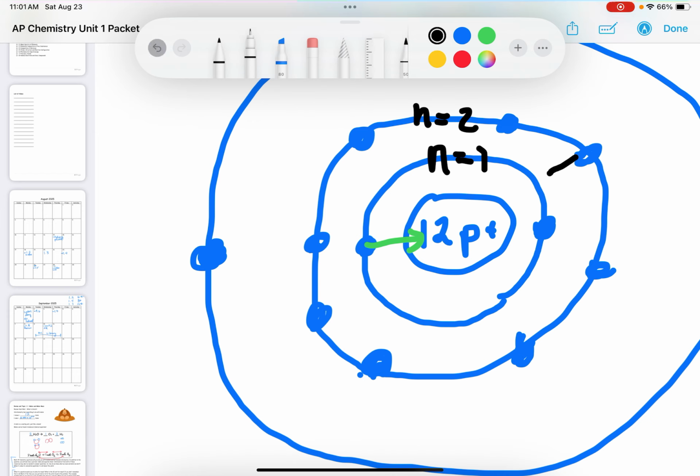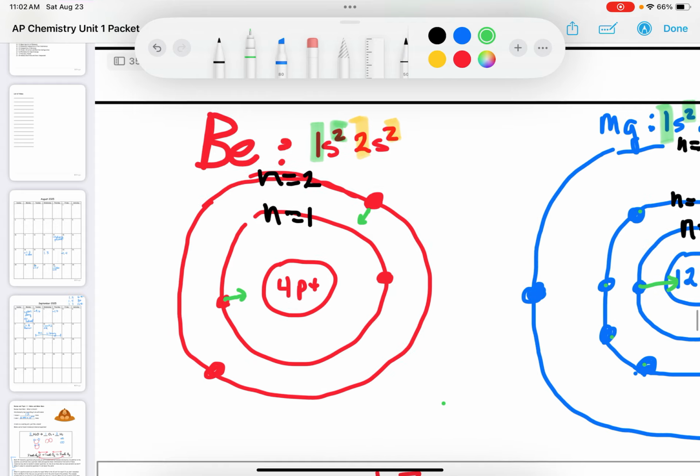That this electron in the second energy level is fighting the same amount of electron repulsion, the 2 electrons in the first energy level. But the number of protons is so much greater that it's going to have a greater attraction. And this is true across for all of the second energy level electrons. They're fighting against the repulsion of the first level, and they're being pulled in by 12 protons. So the overall attraction is greater on the second energy level for magnesium compared to beryllium.